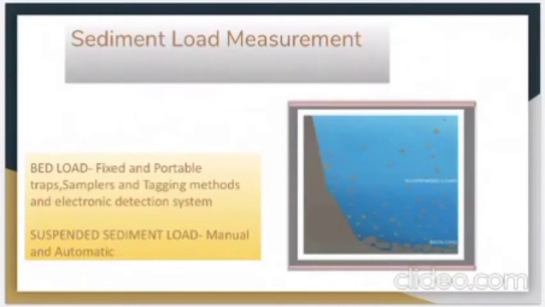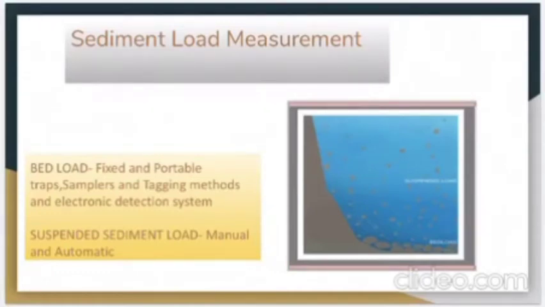A range of instruments can be used depending on the method of sediment transport. The measurement of bed load can be made using fixed portable traps and samplers, tagging methods, and electronic detection systems. Suspended sediment load is usually measured with both manual and automatic samplers.